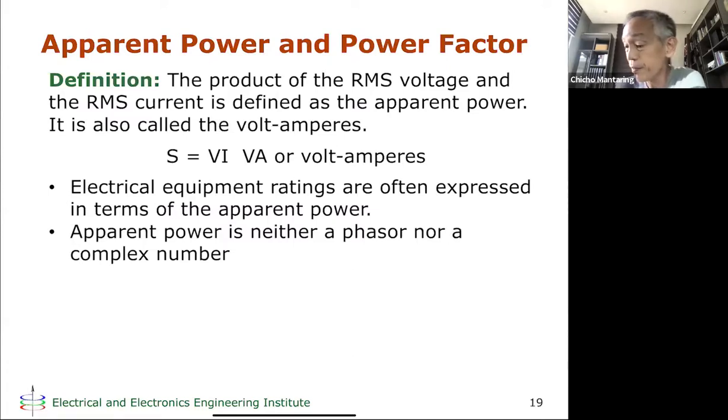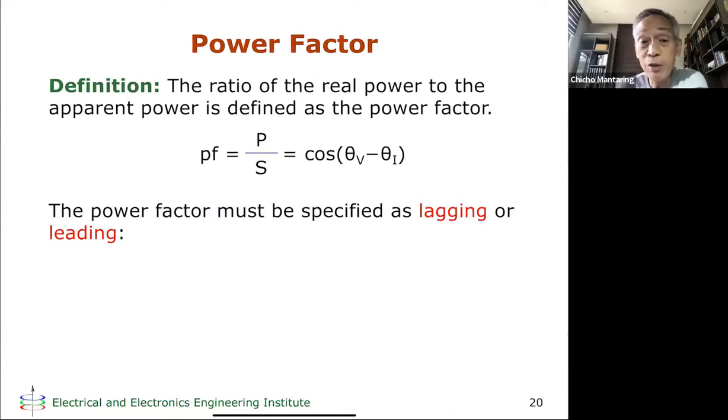Okay, power factor. The ratio of real power to apparent power is defined as your power factor. So P is my real power. Remember that P is equal to VI cosine(theta V minus theta I).